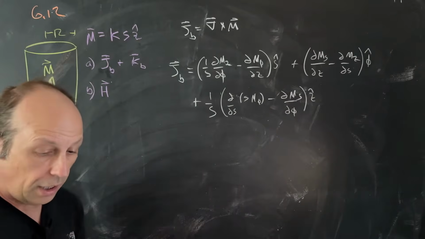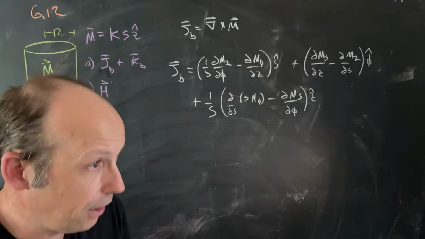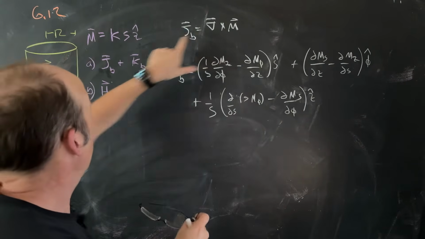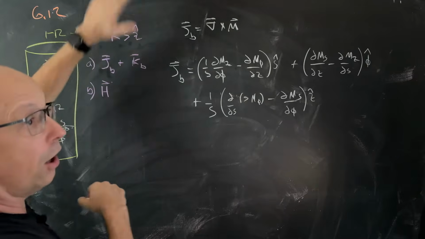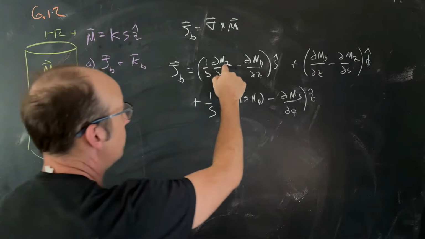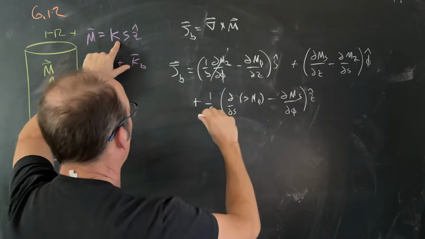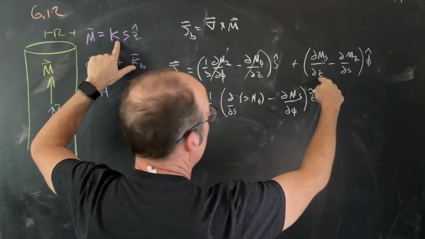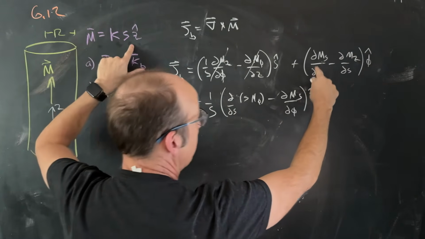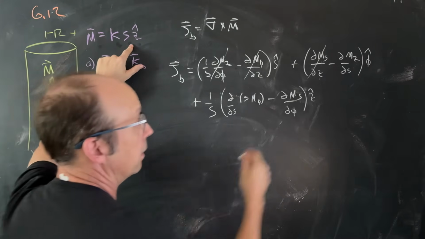Okay, if we do these derivatives, remember up here that M only has a z component. So m_z is k s, and all the others are 0. The partial of m_z with respect to phi: there's no phi term in there, so that's 0. There is no m_phi. The partial of m_s with respect to z is 0, there is no z value in that.